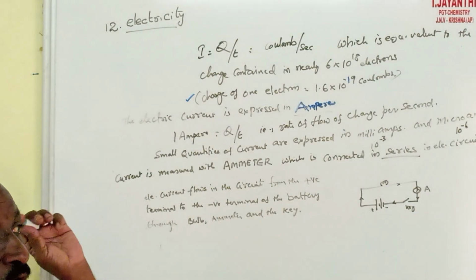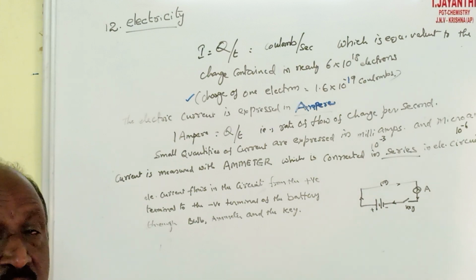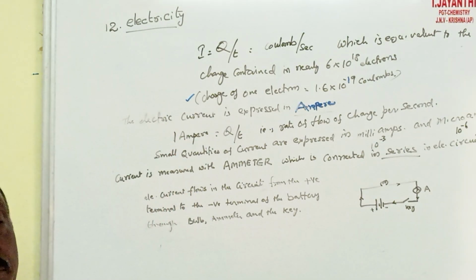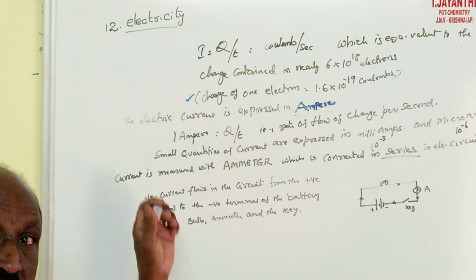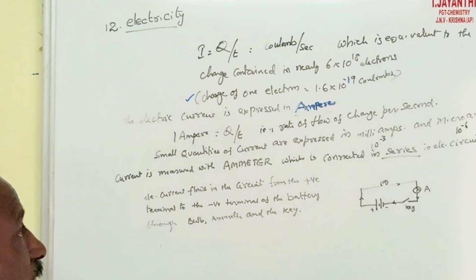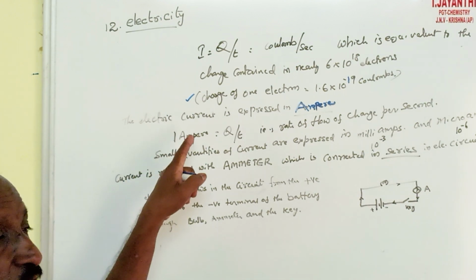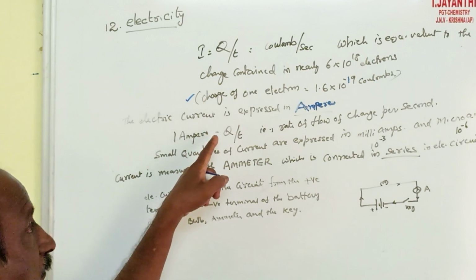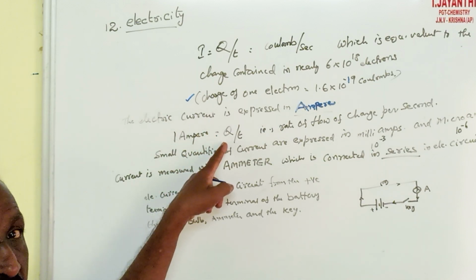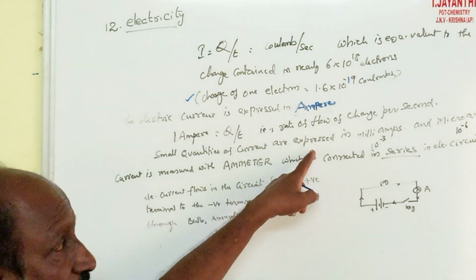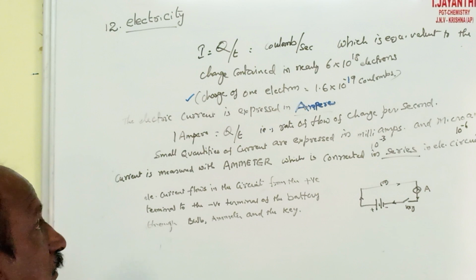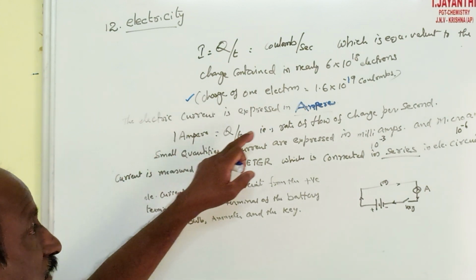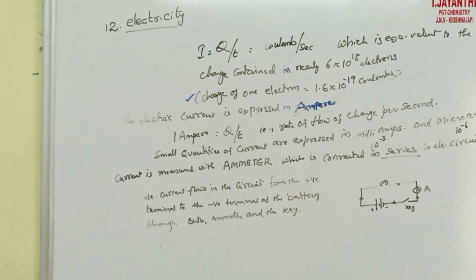Ampere is the name of the scientist who discovered it, and that is why the unit has been defined in his name. So 1 ampere is equal to Q by T, that is, the rate of flow of charge per second. Ampere is defined as the rate of flow of charge per second.